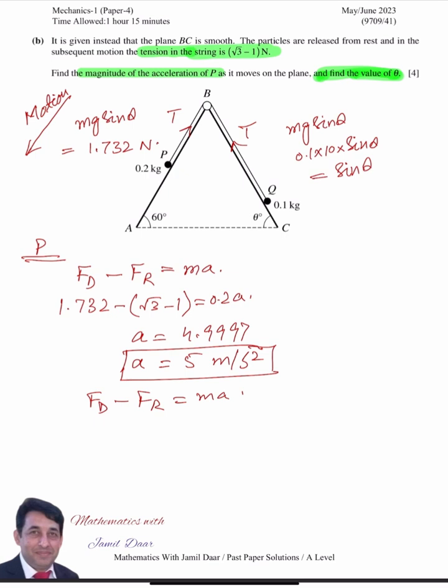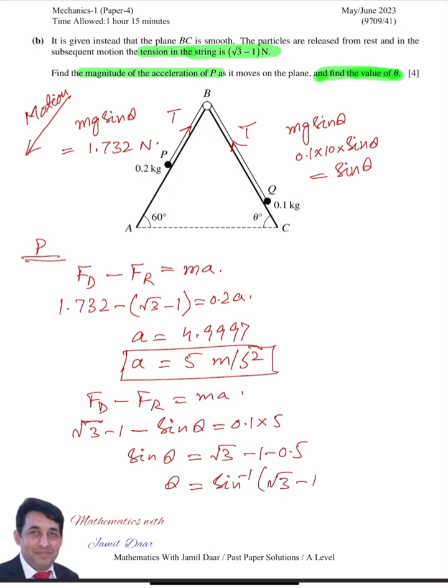We substitute tension, square root of 3 minus 1, minus sine theta is equal to 0.1 times A. Now we know what A is. So sine theta is equal to square root of 3 minus 1 minus 0.5.